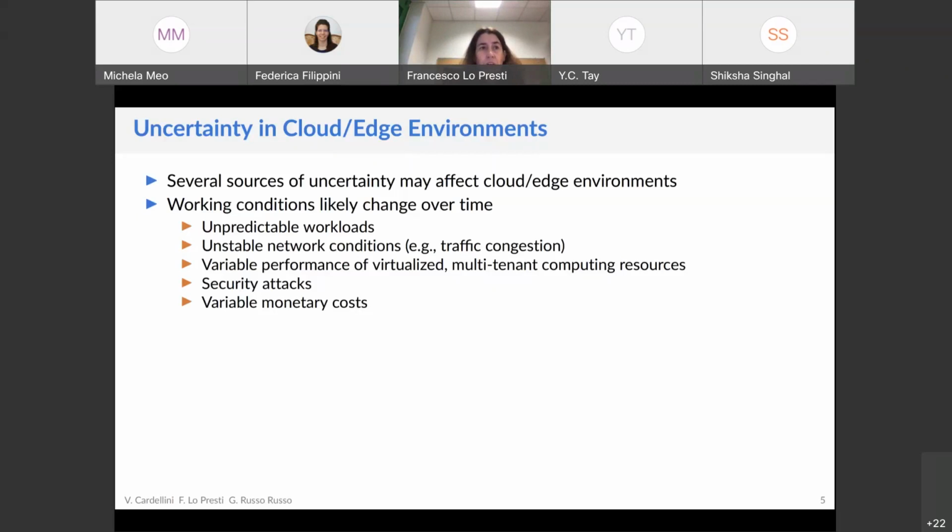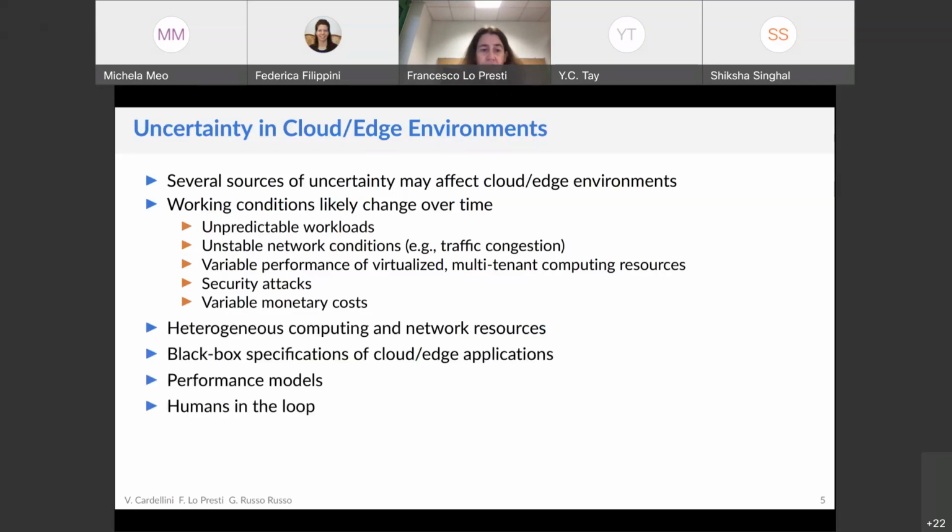And of course, you can also have some security attacks that require reconfiguring the application at runtime. In addition, you can also have the monetary cost, for example for the cloud resources, that may change over time because, for example, you're using spot instances whose price varies over the day.